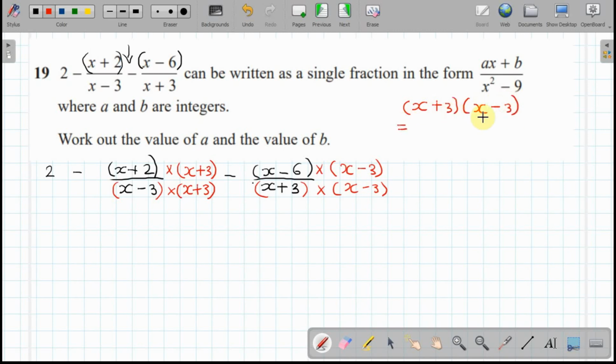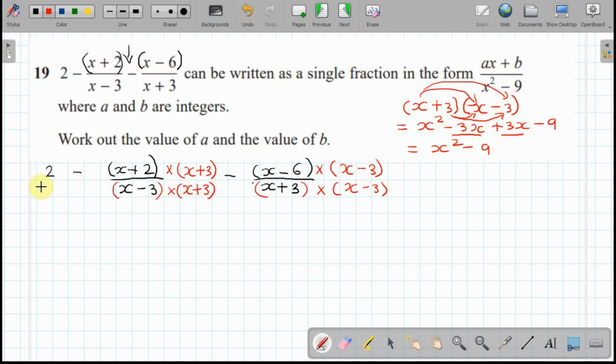That'll give me x times x is x squared, x times minus 3 is minus 3x, and 3 times x is plus 3x. 3 times minus 3 is minus 9. Now these two are like terms and they're going to cancel each other out, leaving us with x squared minus 9. So if I expand these two brackets, I'll get x squared minus 9.